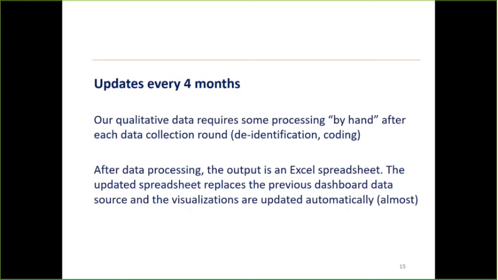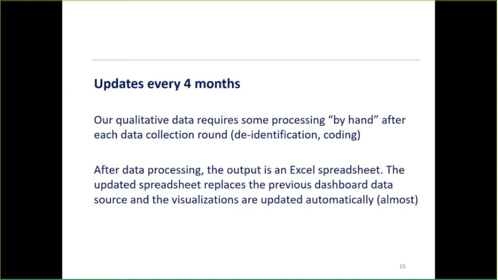how we need to quickly turn around the data, the qualitative nature of the data we're gathering does require some processing by hand before we can make it available on the website. We need to review the comments and make sure we de-identify anything that could identify the respondent, and we do a little bit of light coding of the comments to put them into categories just to make it a little bit easier to present that information.